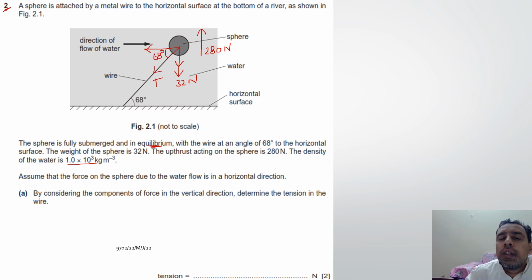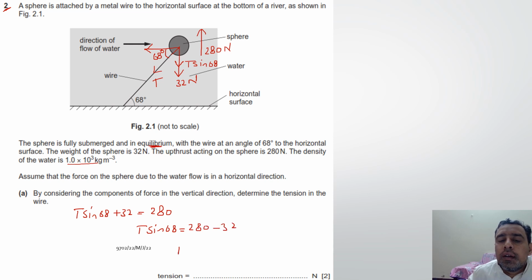So this component is T sine 68. This diagram shows that the downward forces are T sine 68 and 32. Their sum must be equal to the upward force because it is in equilibrium. So T sine 68 is 280 minus 32.